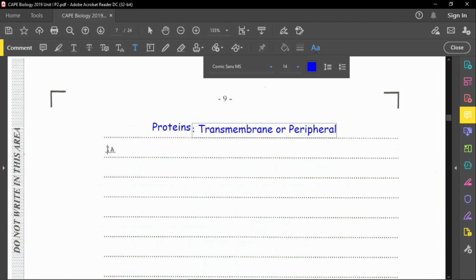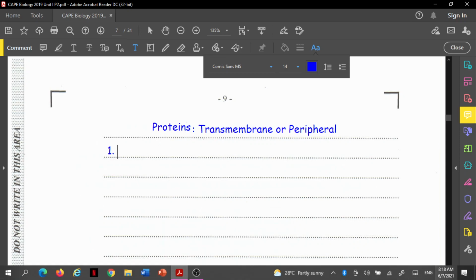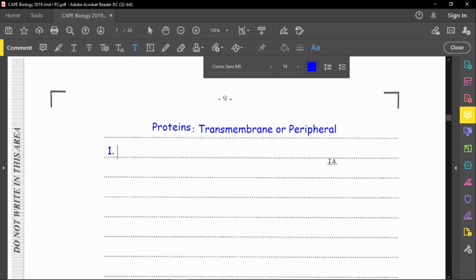All right, so now let's talk about the first one. One way in which proteins may be associated with the membrane is that they pass straight through. These are what they call transmembrane proteins.